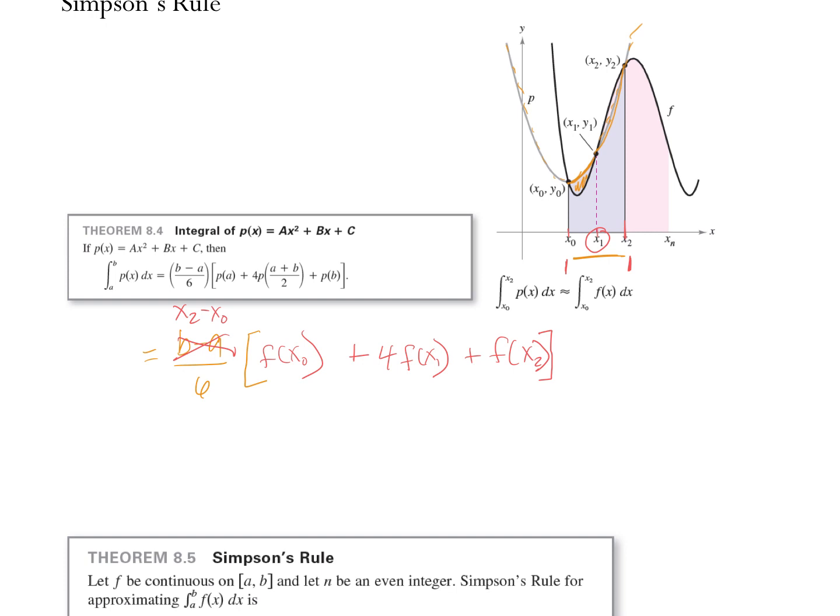Can you have more than 3 x coordinates? Well, first of all, we would only use Simpson's rule for an even number of partitions.